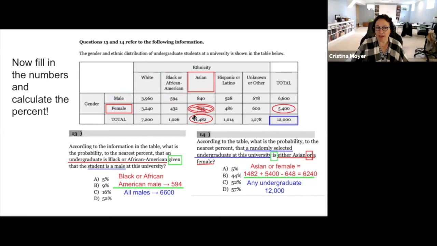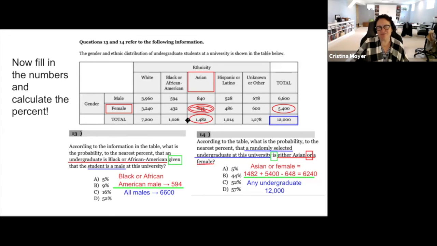But the problem with that is that we would have counted this group that is Asian and female twice. So if we use the 1,482 and the 5,400, then we have to take out anyone that's going to cover both. And then again, because we're doing out of all the people randomly selected from the university, our denominator is going to be 12,000. It comes from this number right here.